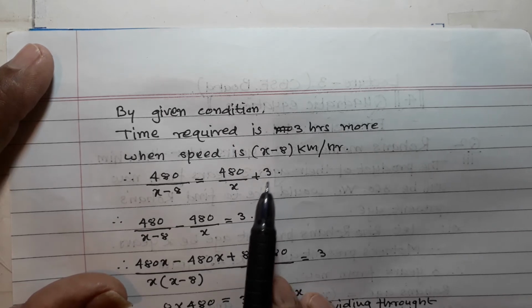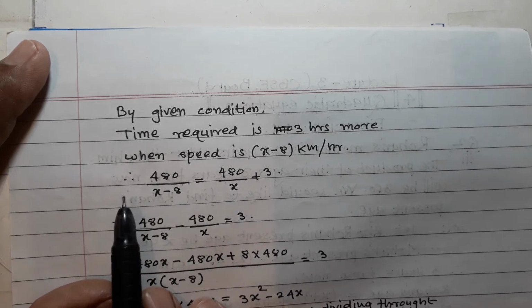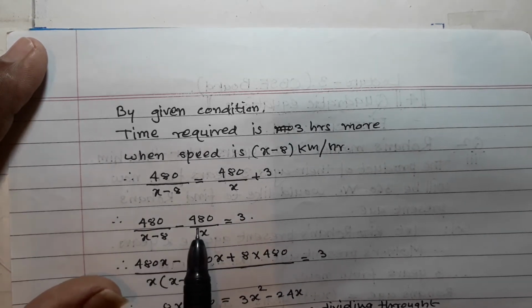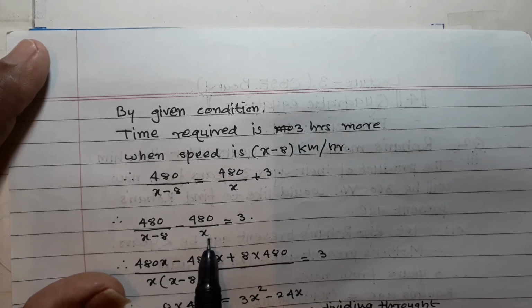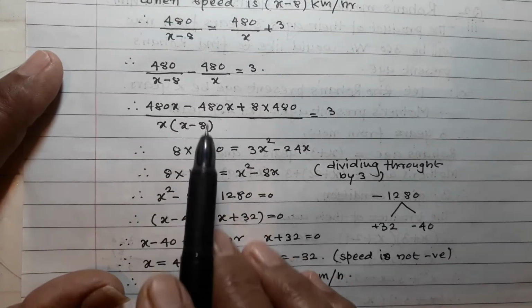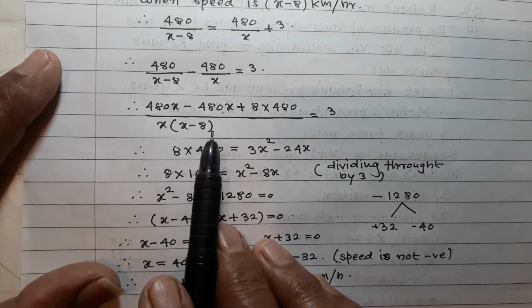Okay. So then you simplify, transfer this to this side. So 480 upon x minus 8 minus 480 upon x is equal to 3. Then add this. My denominator is x into x minus 8.